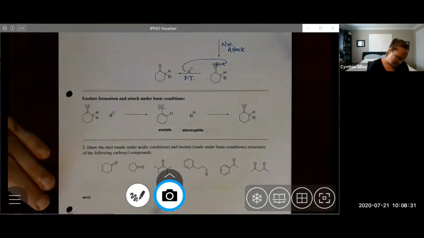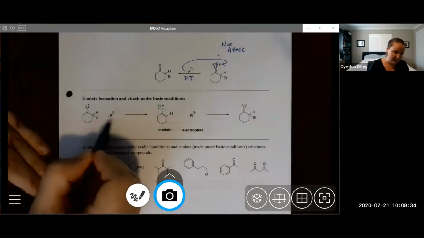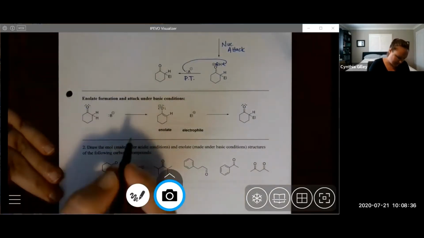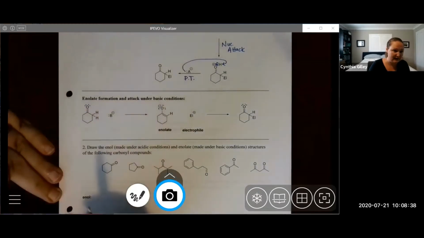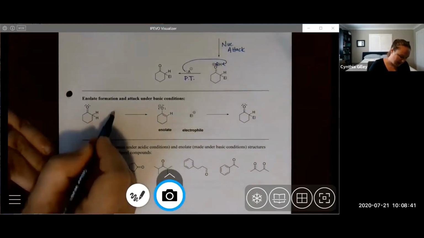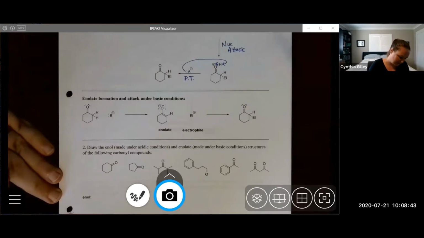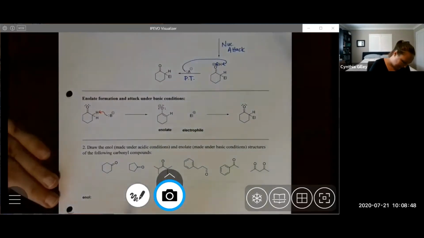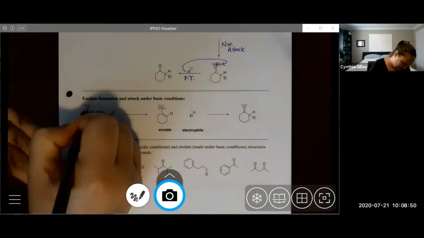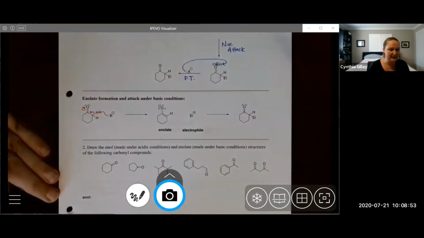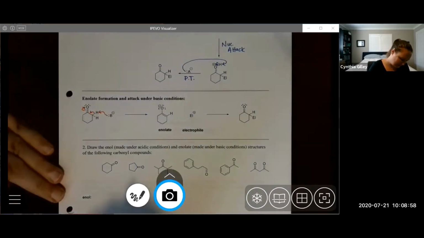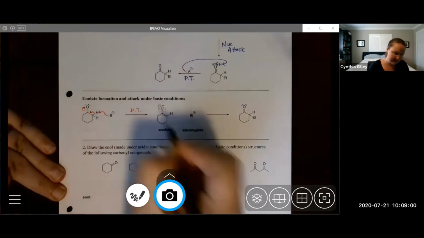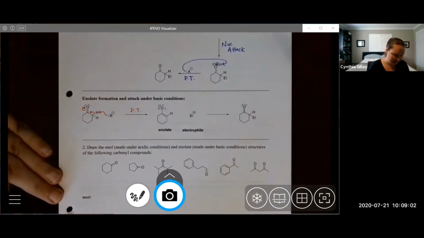So in the case where we're starting out with a strong base, we're not going to protonate first because we're not under acidic conditions. Instead, we will do a deprotonation to form the enolate. So we can take one of these protons and then shift the electrons up. And this is possible if the base is strong enough. And that directly goes to our enolate intermediate, which I said is even more nucleophilic than the enol.